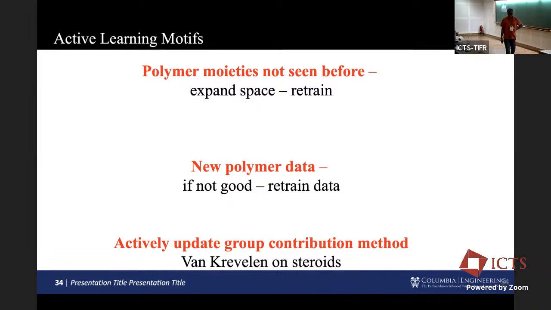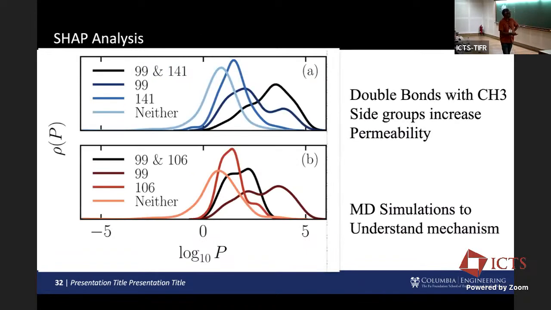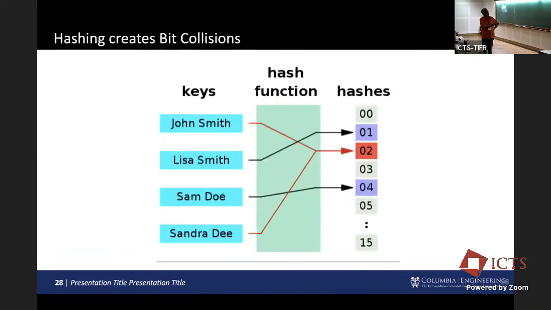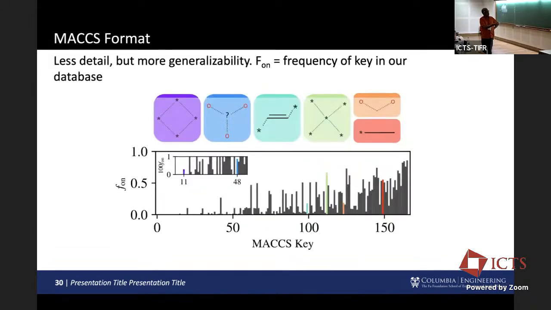How were the MACCS keys created? The idea is that each of these is a fragment of a molecule. So think about ethylene or propylene. Propylene looks like that.